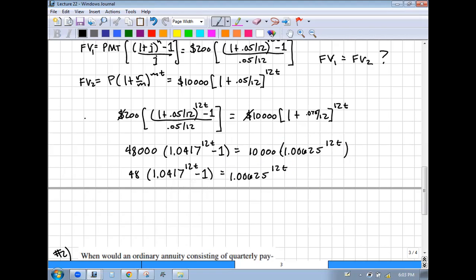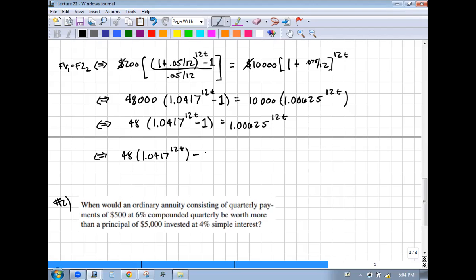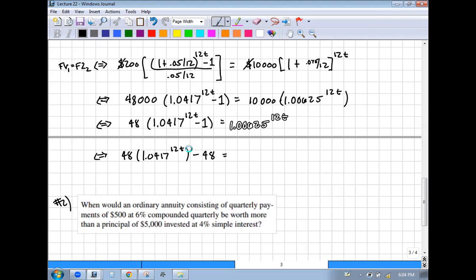So this is FV1 equals FV2 if and only if. Continue to simplify. If I multiply this thing out, I have 48 times 1.0417 to the 12t minus 48 equals this.